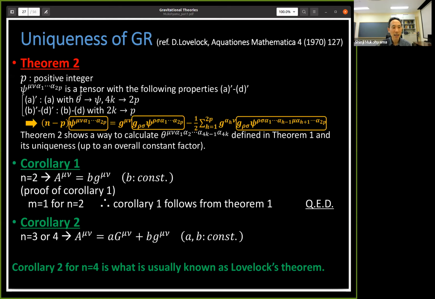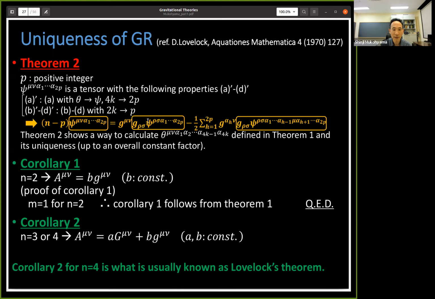Okay, and then theorem 2 under these conditions tells us that this tensor psi satisfies this kind of recursion relation. This is exactly this tensor, and this part is this tensor, but the first two indices are contracted with the metric G rho sigma.